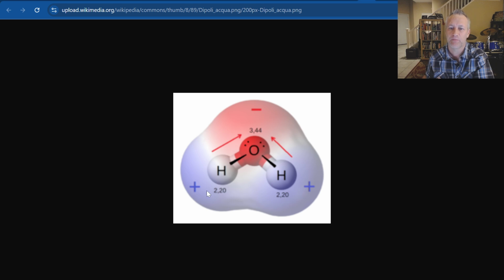It leaves this bottom side of the molecule, from this perspective, with more of a net positive charge, and it leaves the top side with more of a net negative charge. And so this acts like a polarized molecule. We call it a dipole. And you can see how this would respond to an electric field, because this is essentially positive charges at the bottom, negative charges at the top, and we know that charged particles will experience an electric force.